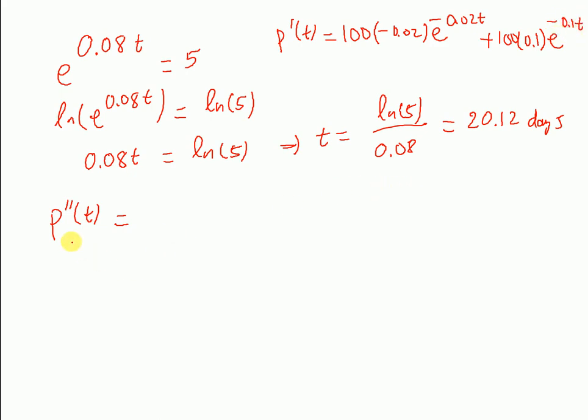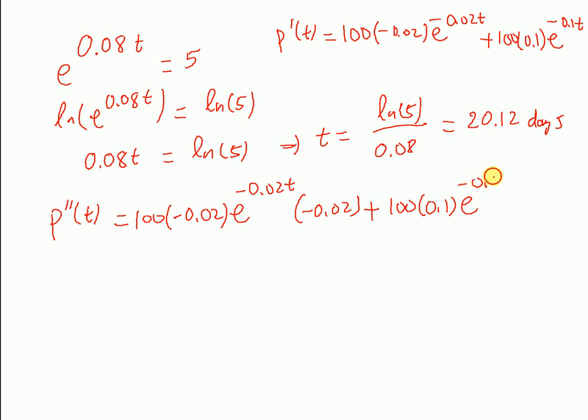So if you take another derivative, P double prime from this one, you're going to get what? Again, we keep the constant together. So 100 times 0.02, exponential stays the same, and then bring down the constant one more time. And the same thing for this one. Exponential stays the same, and then bring down the constant.